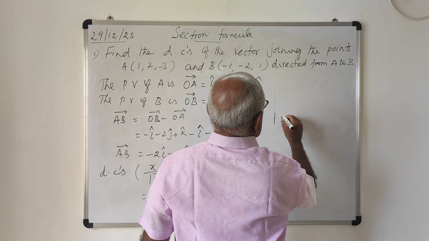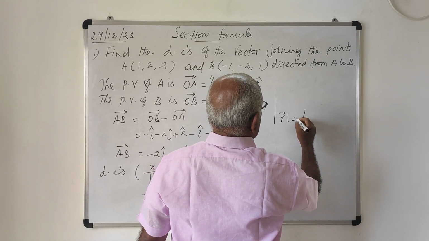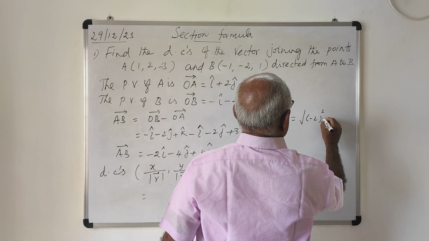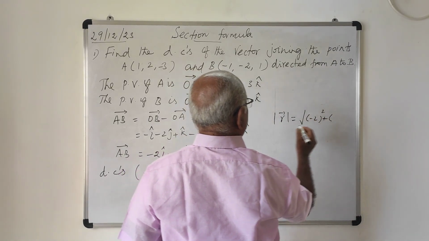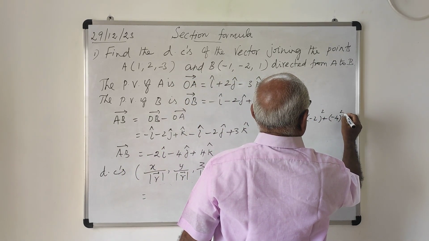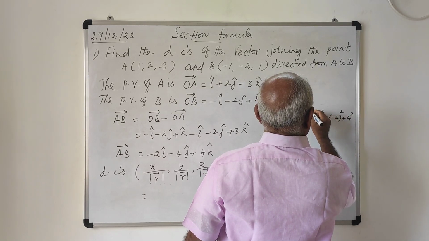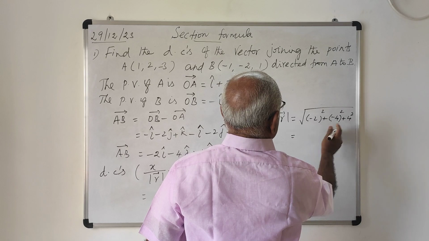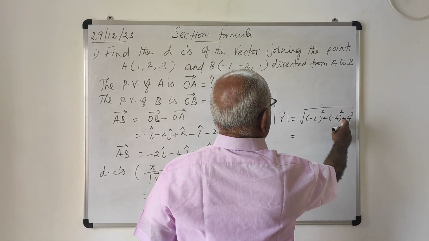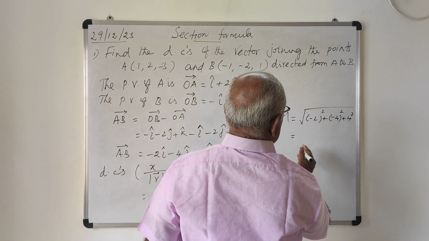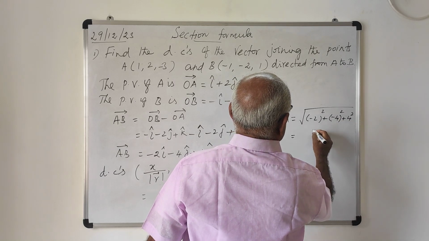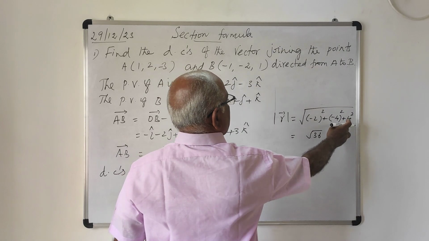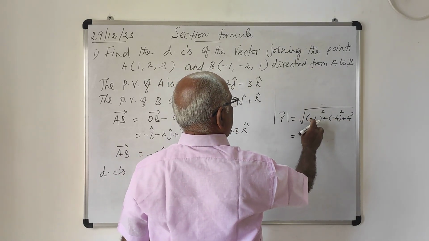So the modulus of the r vector is the root of minus 2 squared plus minus 4 squared plus 4 squared, because k is plus 4. This is 4 plus 16 plus 16, that is 36.